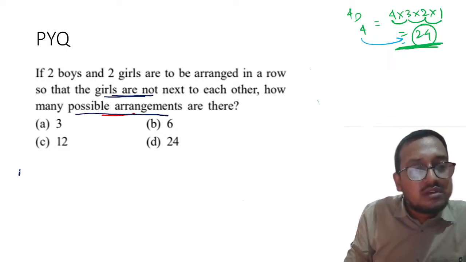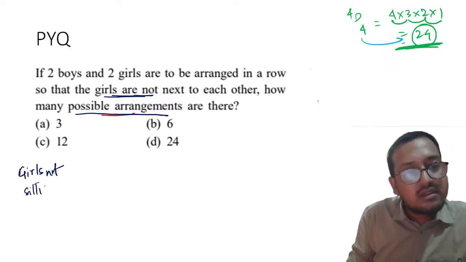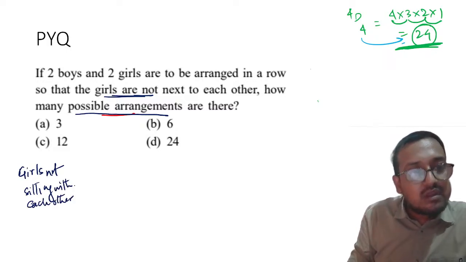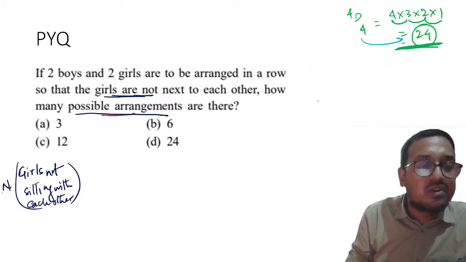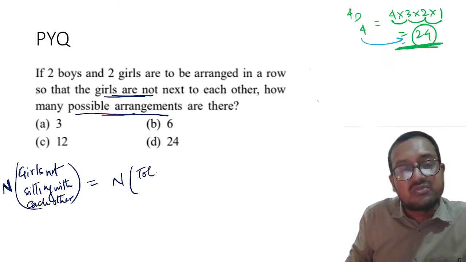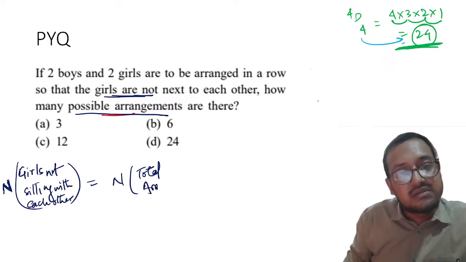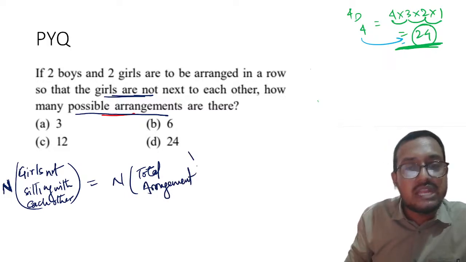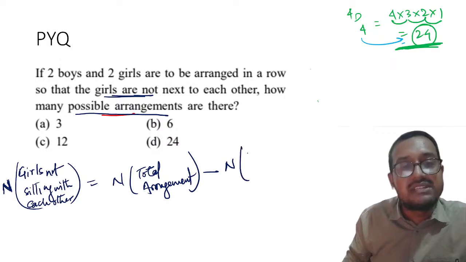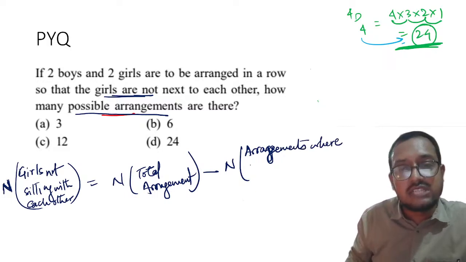So the number of arrangements where girls are not sitting with each other is equal to the number of total arrangements, where girls may be sitting with each other or may not be sitting with each other, total arrangements without any restriction, minus the number of arrangements where girls are sitting together.